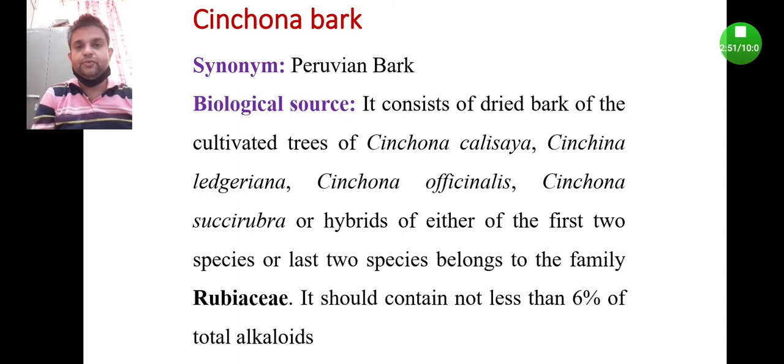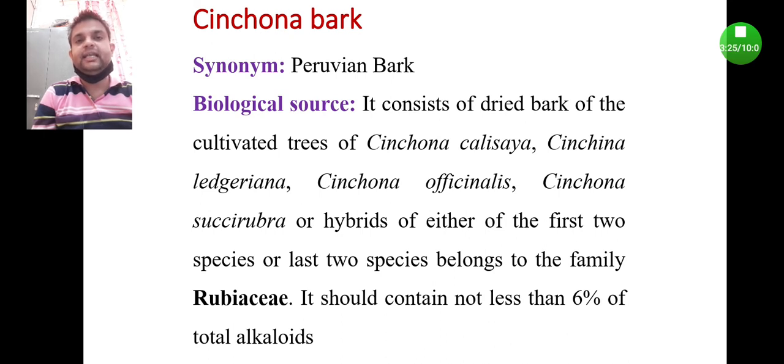Coming to the biological source, it consists of dried bark of the cultivated trees of Cinchona calisaya, Cinchona ledgeriana, Cinchona officinalis, Cinchona succirubra, or hybrids of either of the first two species or last two species, belonging to the family Rubiaceae. It should contain not less than 6% of total alkaloid.